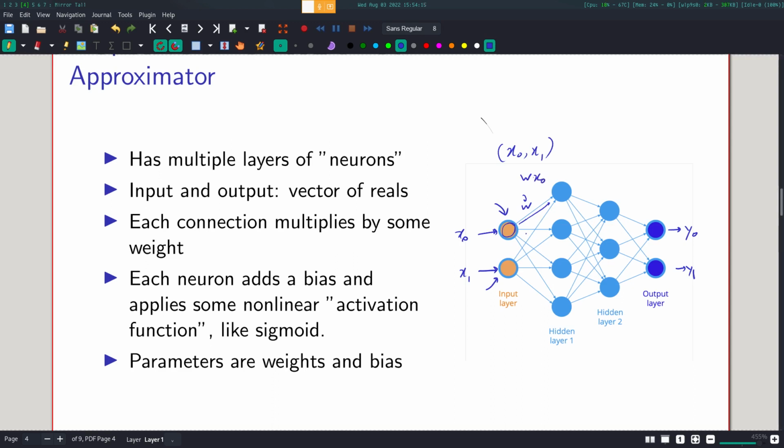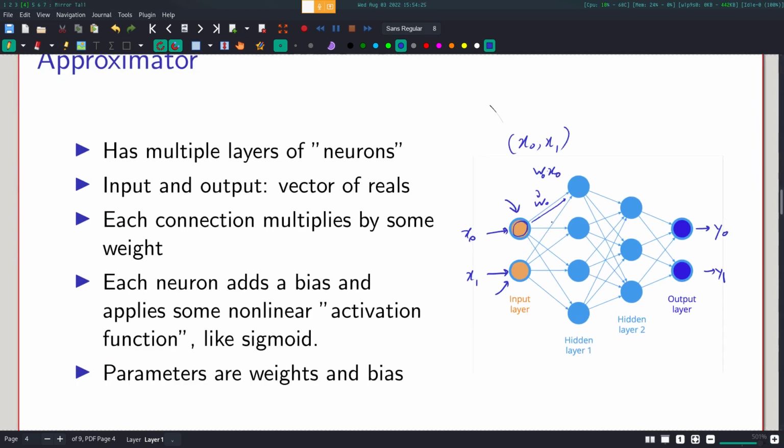Let's call this one W naught, so W naught x naught. Similarly, along this edge, you will have another weight W1 and you will get W1 x1 because x1 is coming here. Similarly, along this edge, you'll have, say, W2 x naught.